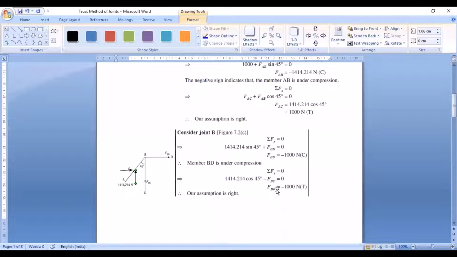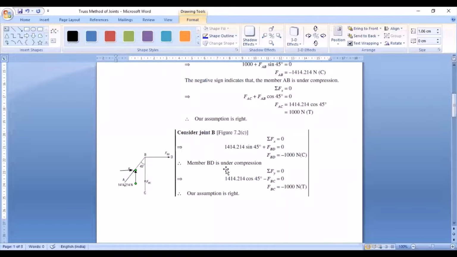When you rearrange the terms, FBC is to be positive.